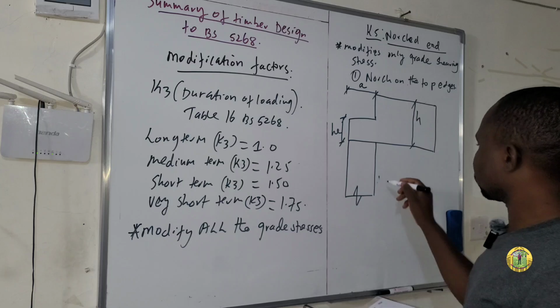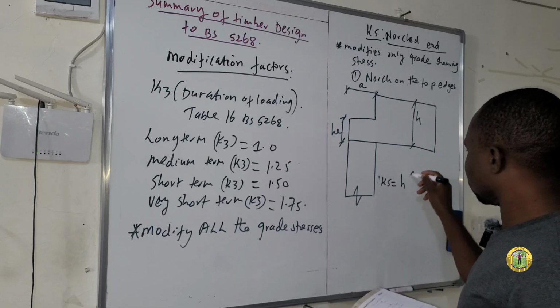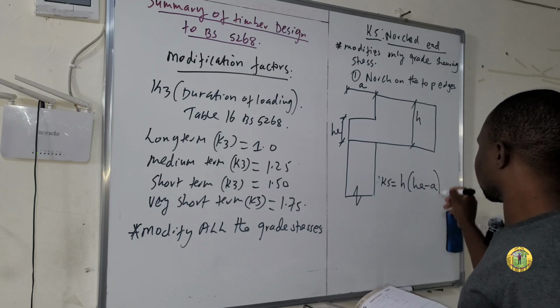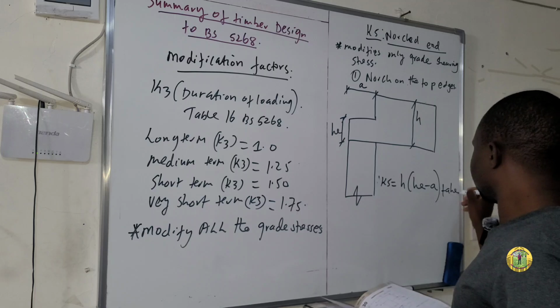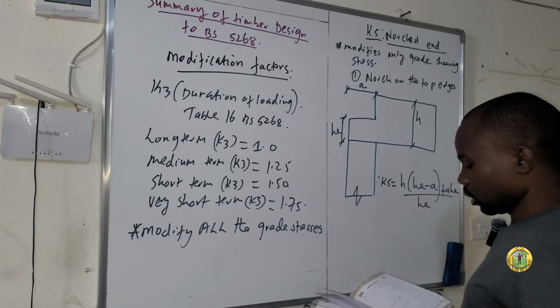So K5 is equal to H into bracket HE minus A, close the bracket, plus A HE, then all over HE.